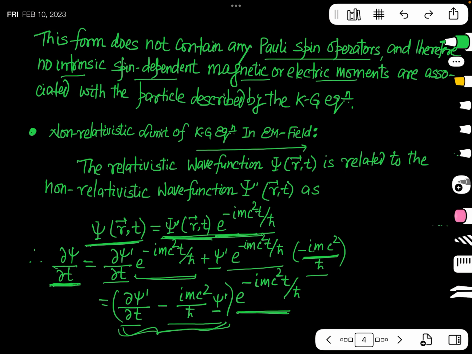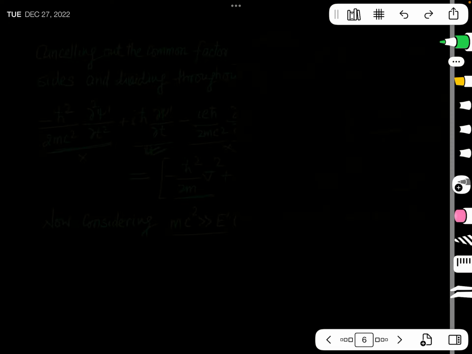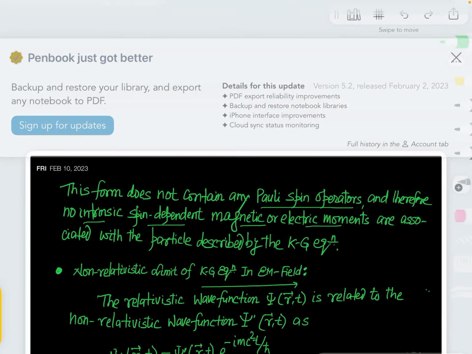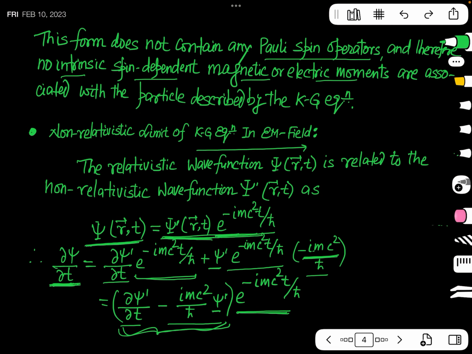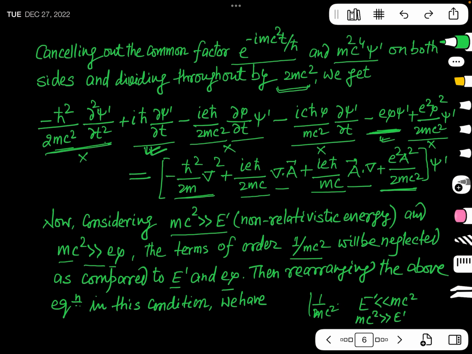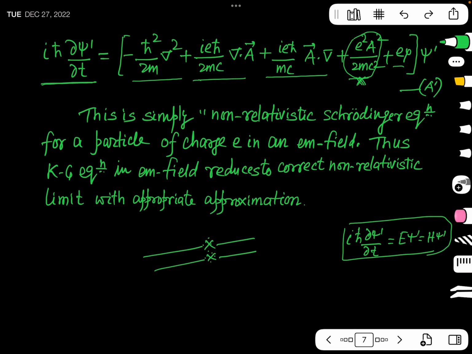You will see that the solution will be in terms of a power series, and from that solution we will get so many important results, and one of the important results will deal with the fine structure.